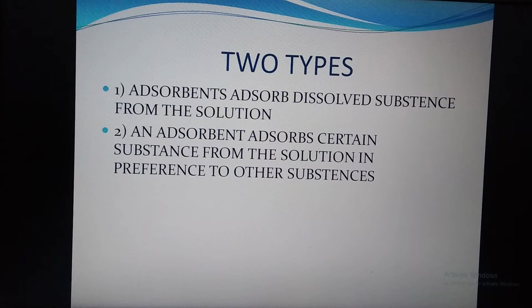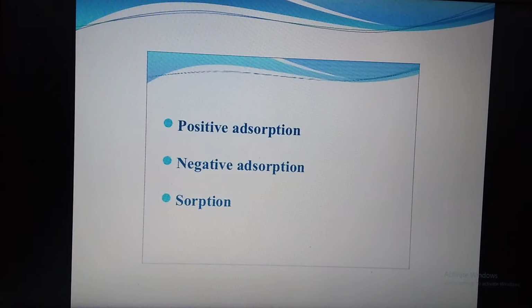I will give you the example and the complete explanation about that. First, you just want to know about the types. Next, an adsorbent also adsorbs certain substances from the solution in preference to other substances.